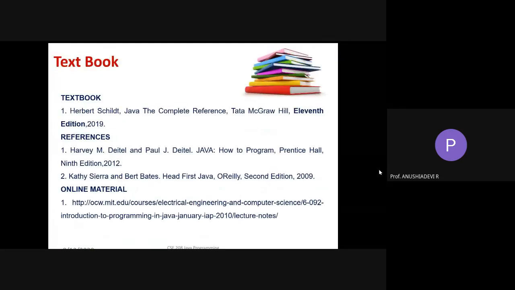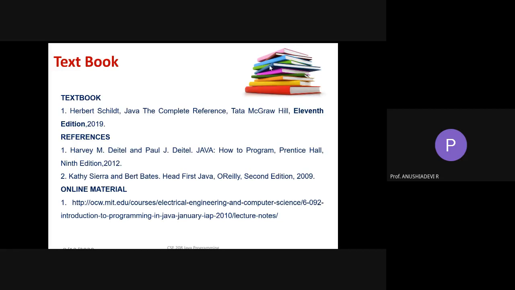So the textbook is The Complete Reference, 11th edition. All of you refer only to the 11th edition book, because there are many variations even between the 10th edition and the 11th edition. Every year some improvements are introduced in Java programming, so all of them are incorporated in the 11th edition book only. So all of you try to refer to the 11th edition book.